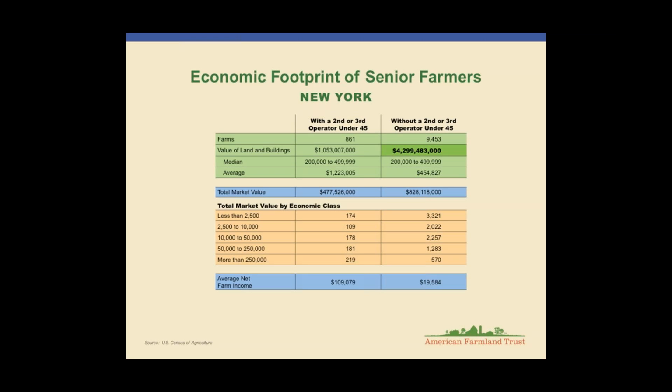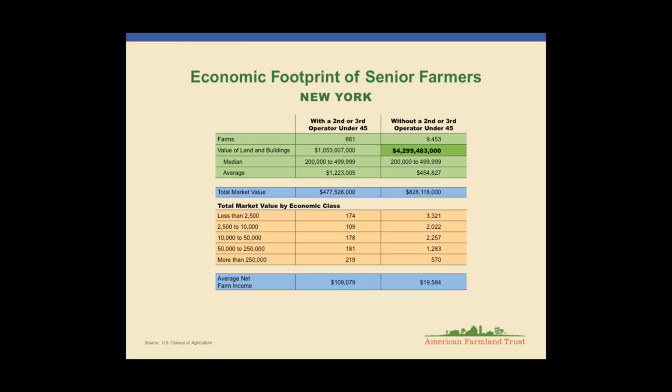It's interesting when you compare, and I hope some of you have been looking at the differences between those farmers that are farming with young operators. It's pretty significant, the difference both in the amount of land that they manage and their average net farm income.